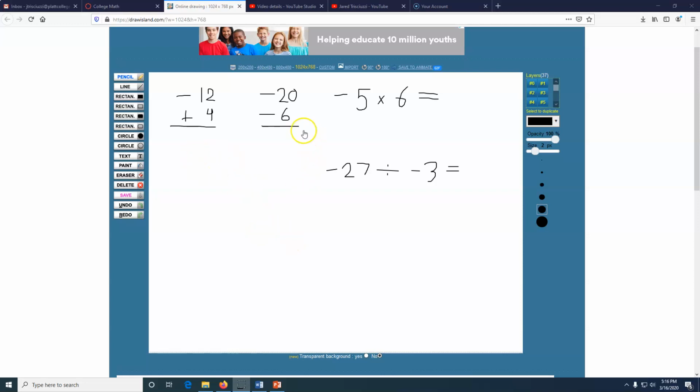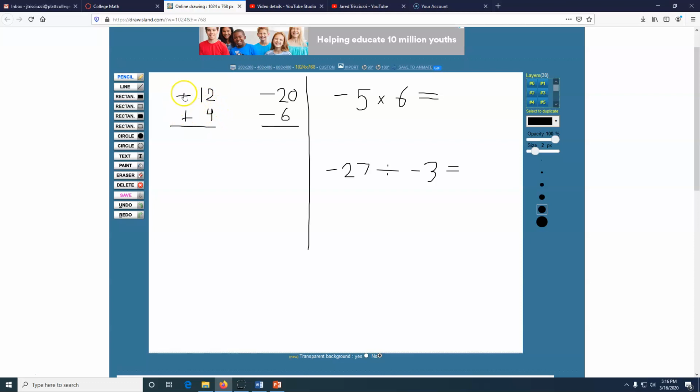Okay, so let's go ahead and go through these. So for adding and subtracting, which is what the first two are, what we're going to see is that, again, you have to look at the signs to determine whether or not you should combine the numbers or subtract the numbers. So in the first case here, -12 plus 4, because the signs are opposite, you are going to subtract. Again, it does not matter the size of the number yet.